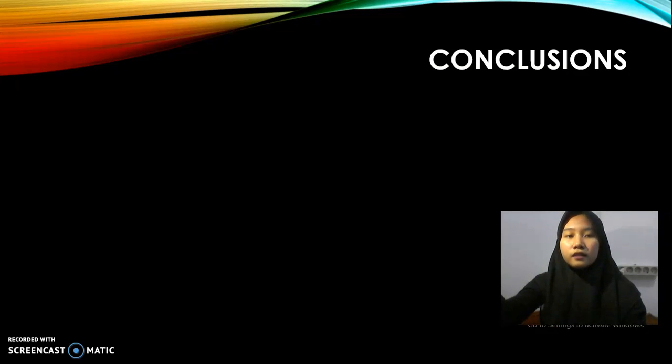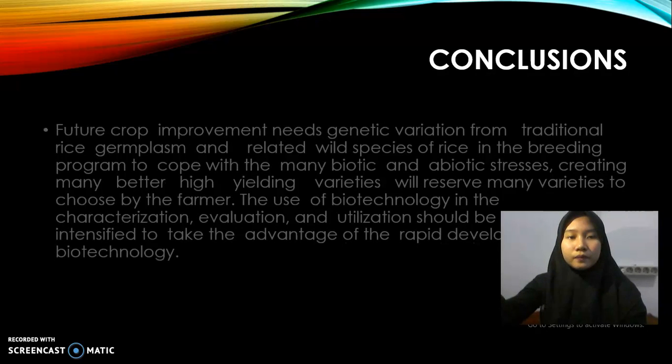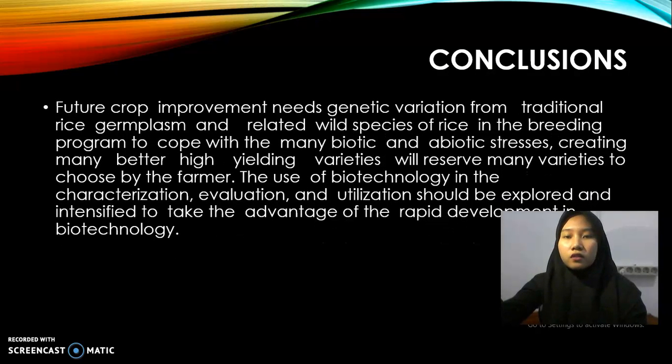And the last is conclusion. Future crop improvement needs genetic variation from traditional rice germplasm and related wild species of rice in the breeding program to cope with the many biotic and abiotic stresses.